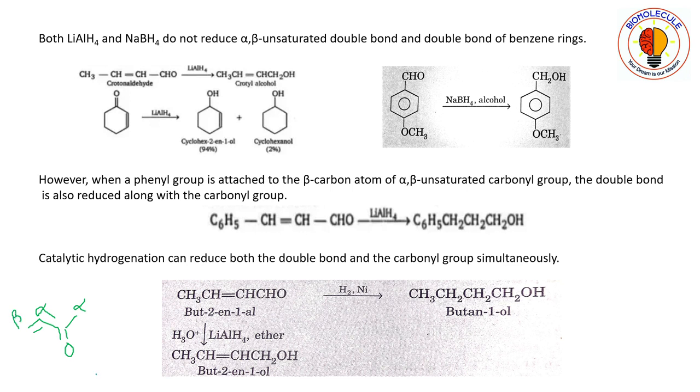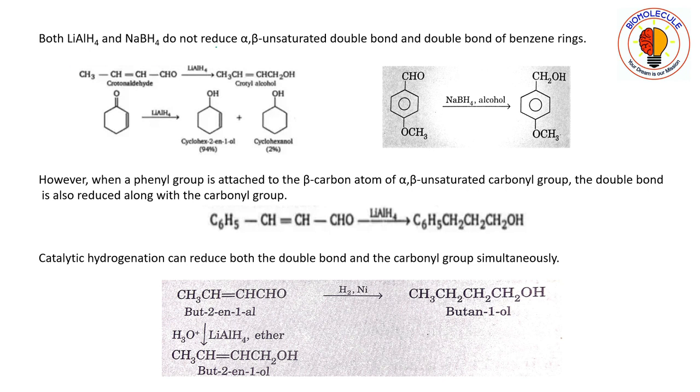Now in alpha beta carbon there is one double bond, that is, one unsaturation is present. So this type of compound is known as alpha beta unsaturated carbonyl compound, or simply, if you want to mention this double bond, you say alpha beta unsaturated double bond.